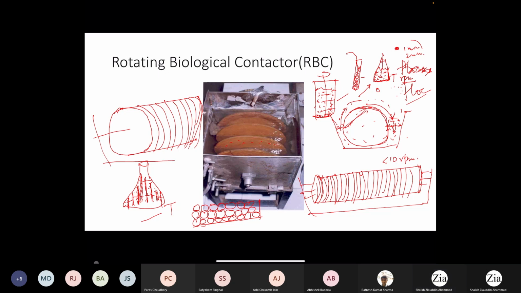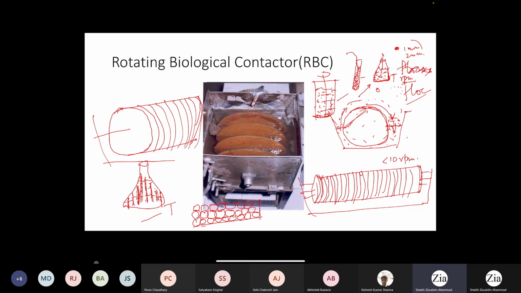Now this thickness will also depend on the local environment. Like here, you can see this extreme, the last disc has a little bit thicker biofilm compared to the subsequent disc. So it is very much possible that the biomass attached to this surface is experiencing less shear.